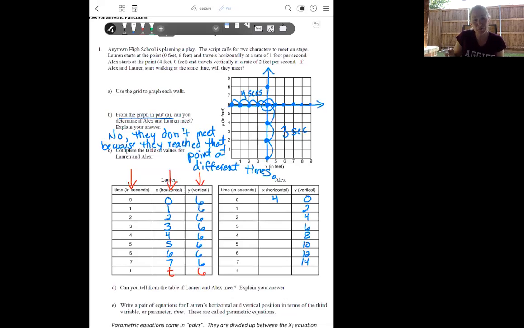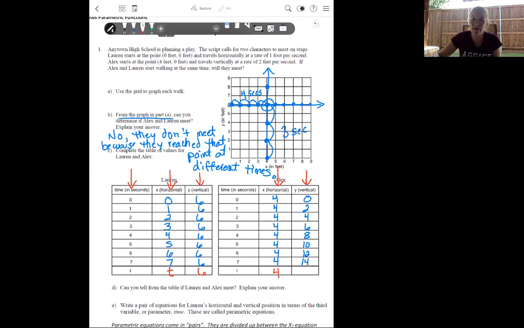Horizontally, the X position of 4, he stayed at 4 the entire time. So this time, as we look at all of our X values, well, those remained constant the entire time at a constant value of 4.